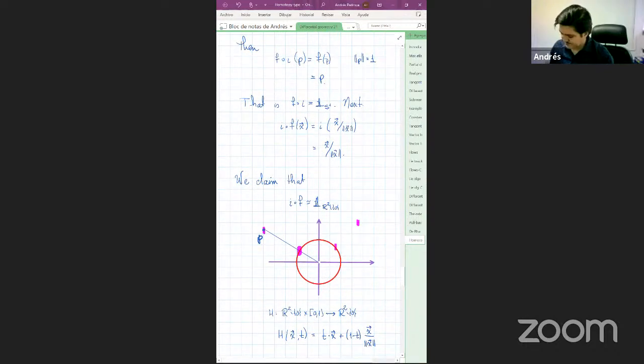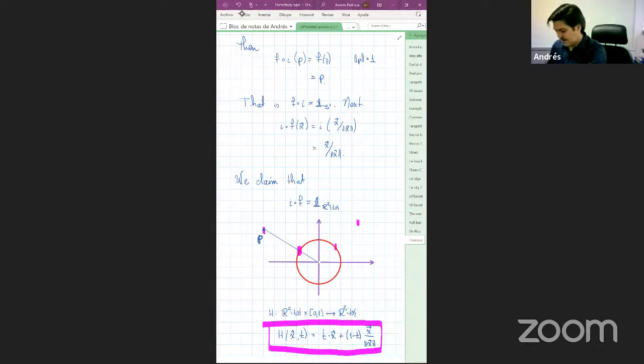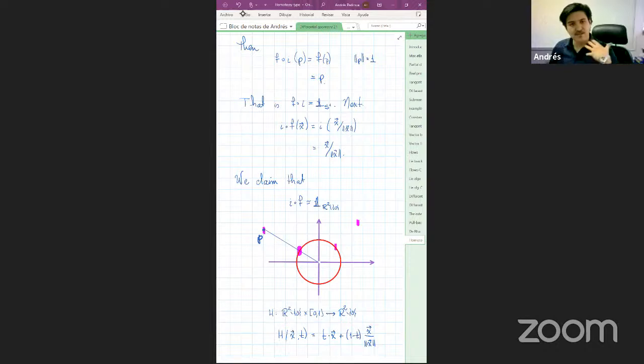So this is the function, right? So it goes from the punctured plane to the punctured plane. In some point, I need to get the identity, and on the other one, I need this function. And it's just basically, I'm just parameterizing this, right? That's all that I'm doing.